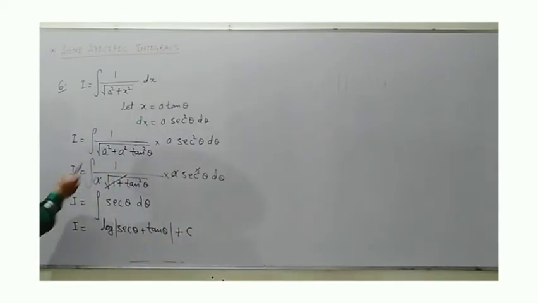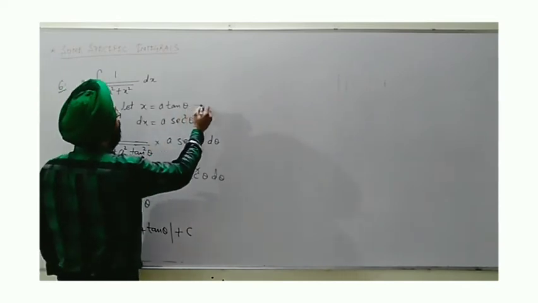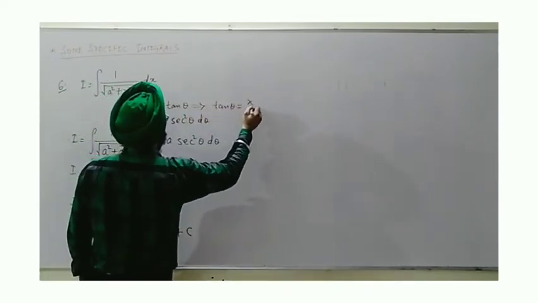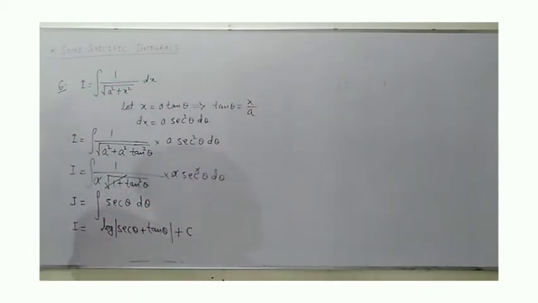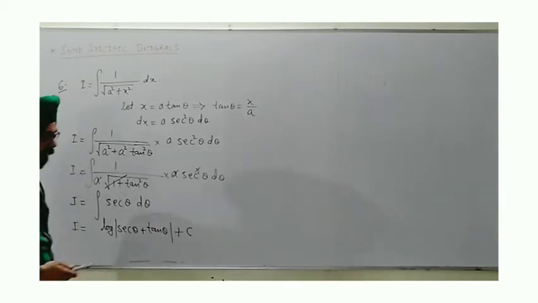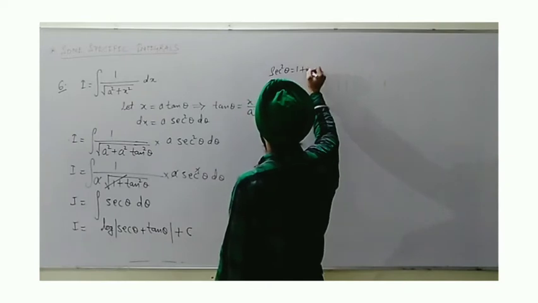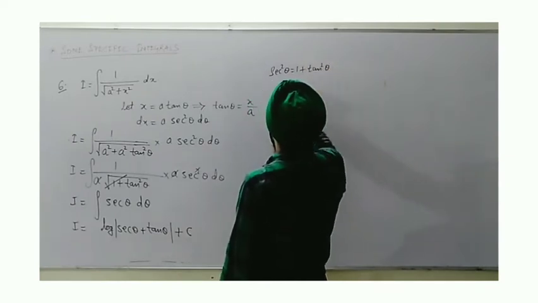You need to find the value. Now this time we have taken x equal to a tan theta, so obviously tan theta is equal to x upon a. Similar to the previous case, we can find the value of sec theta using the Pythagorean identity. We know sec square theta is equal to 1 plus tan square theta.